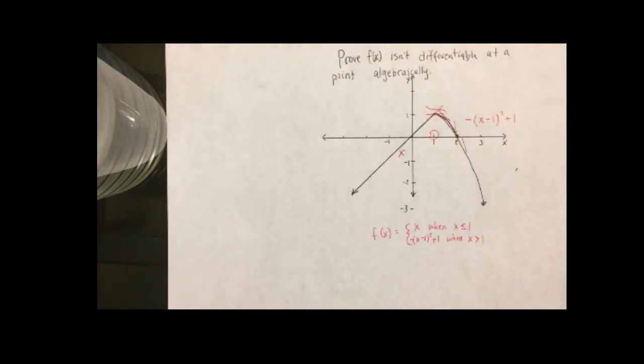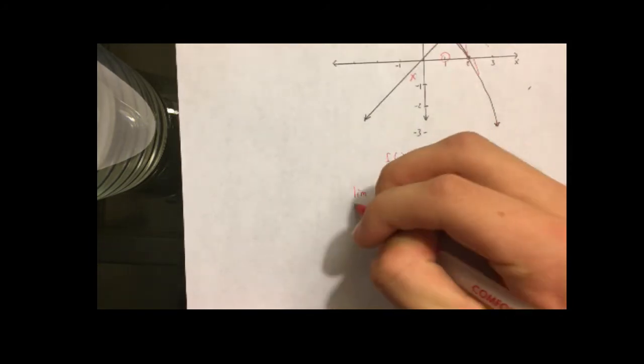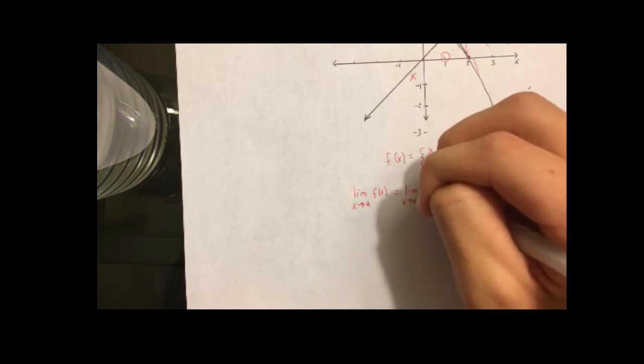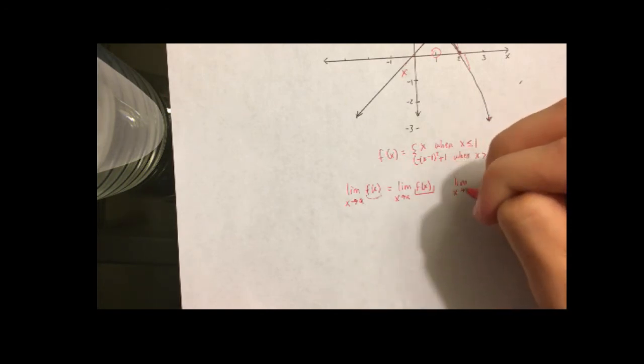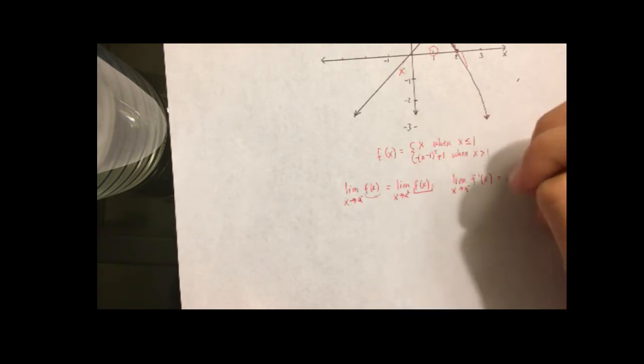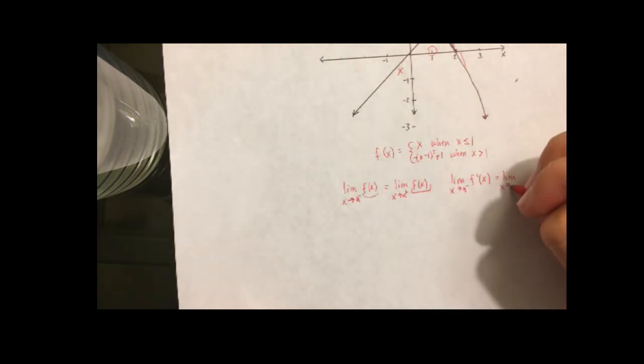It's the vertex. Alright, so thinking back to one of the continuity rules that states that the limit as x approaches a from the left of f of x is equal to the limit as x approaches a from the right of f of x, we can substitute in f prime of x for f of x, essentially. So writing that down, we have that rule.